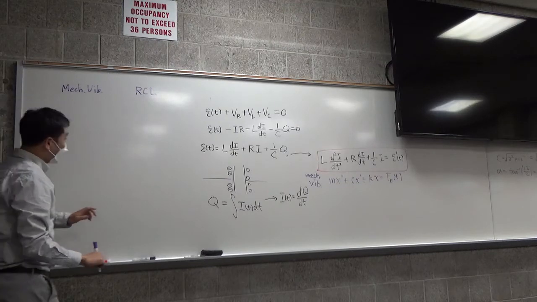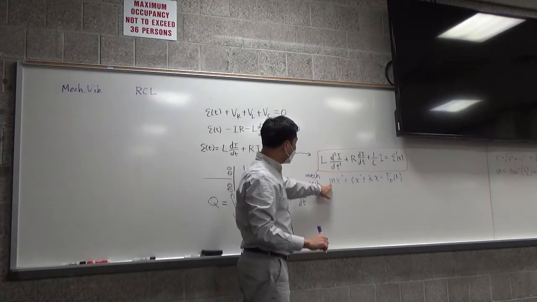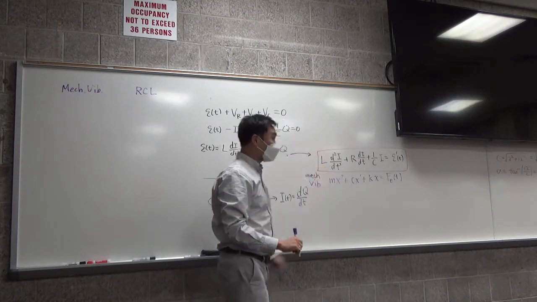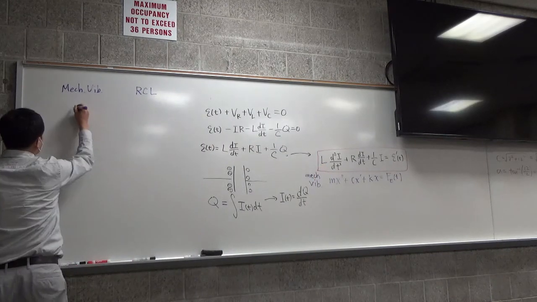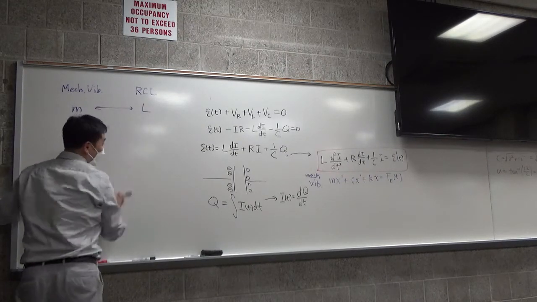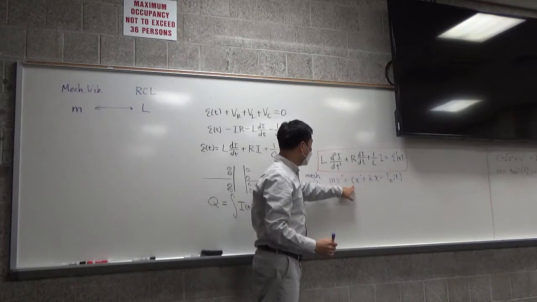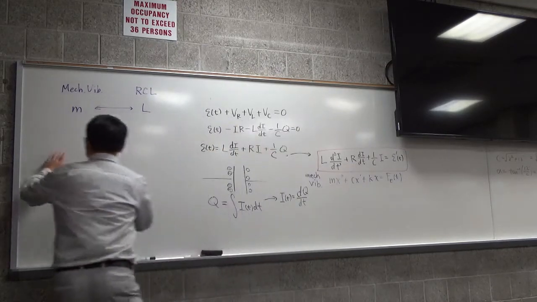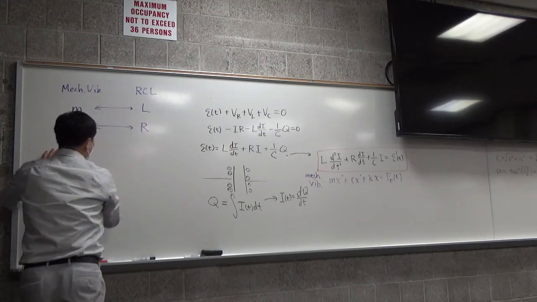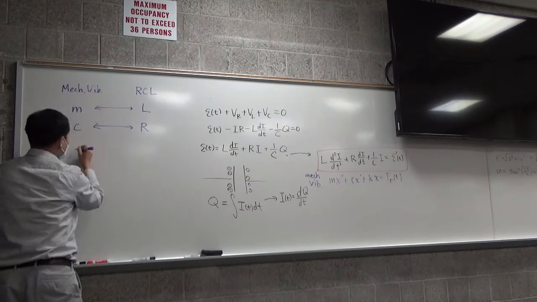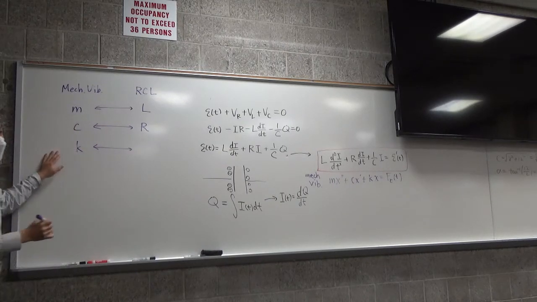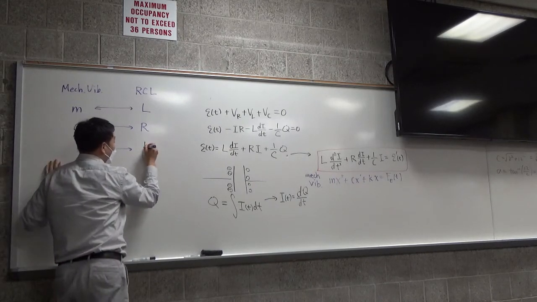And what was taking the role of mass, the L is doing it. Inductance is doing the same thing. So mass corresponds to the inductance. Little c corresponds to resistance. And then k corresponds to what? 1 over C, right?